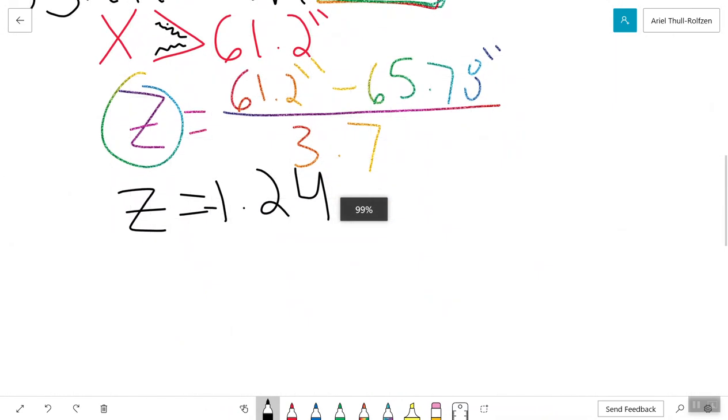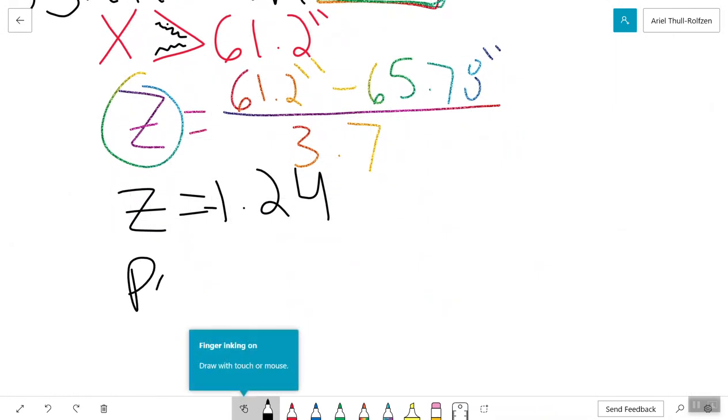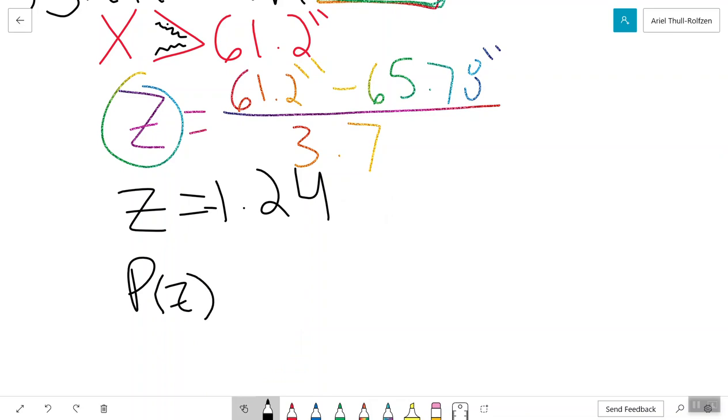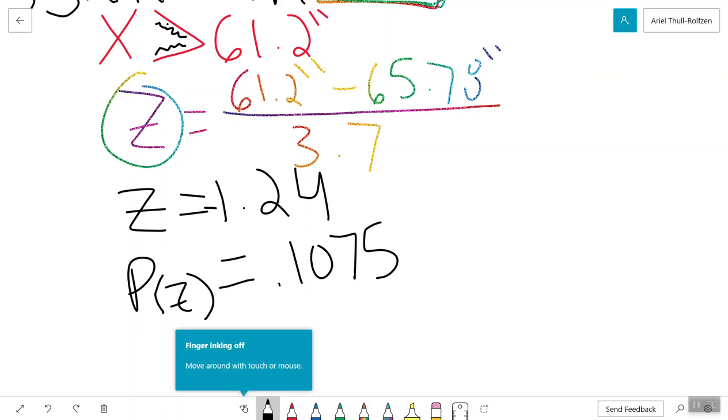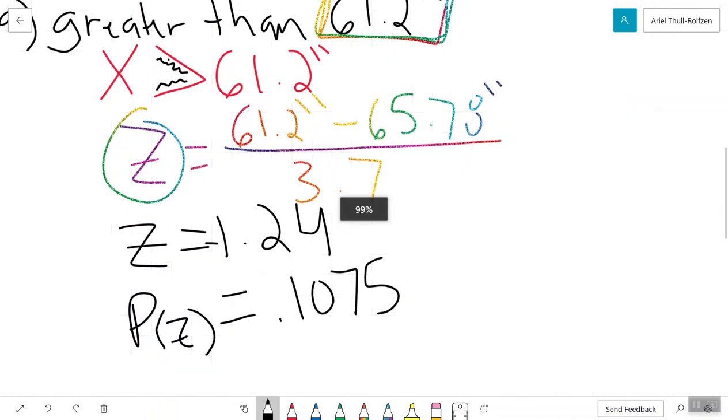And this is written as the probability of z equals 0.1075. Remember, we get that from the body of the table. But there's a rule about the z-table that I didn't talk about, and that's the z-table is only set up to find values that are less than, not greater than.